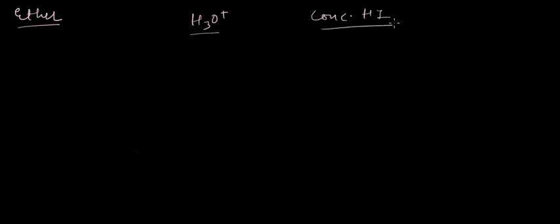Okay, so we will have a question in which I will be writing an ether when it is reacting with hydronium, and when it reacts with concentrated HI, or when it reacts with anhydrous HI. So what would be the products in these reactions? We will be discussing them. So let's suppose we have this ether.